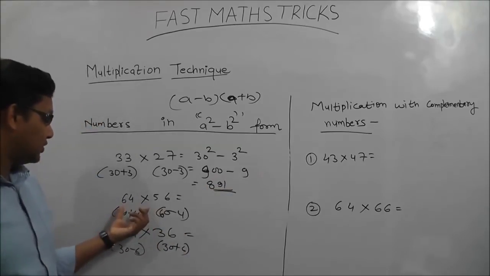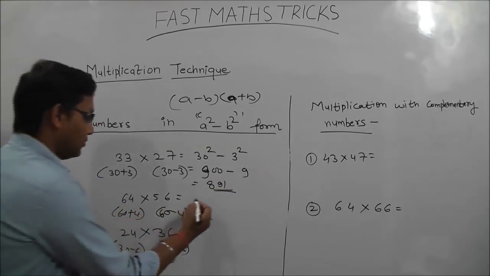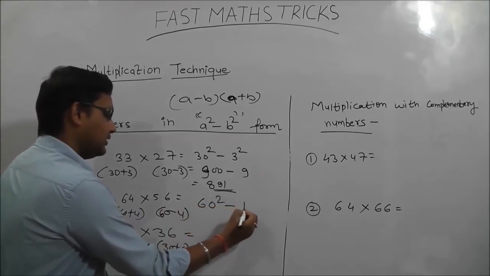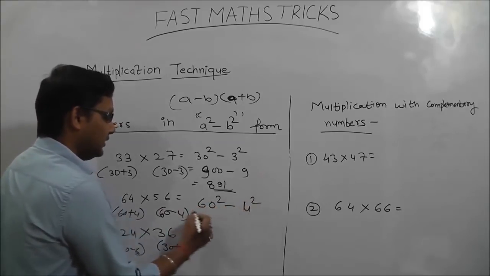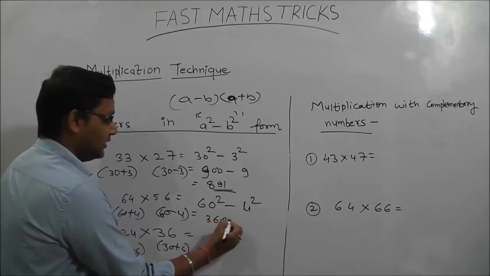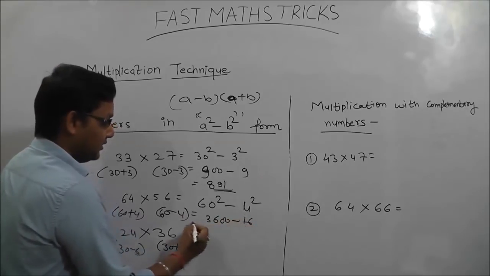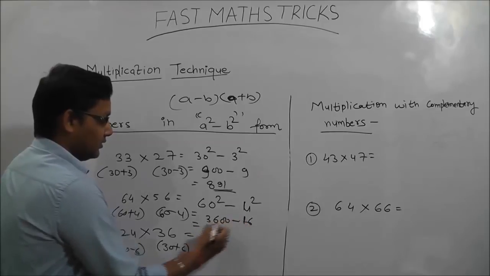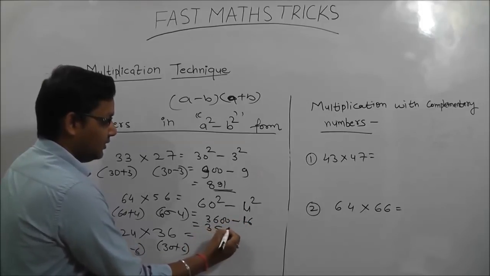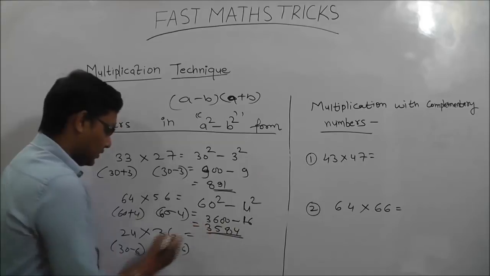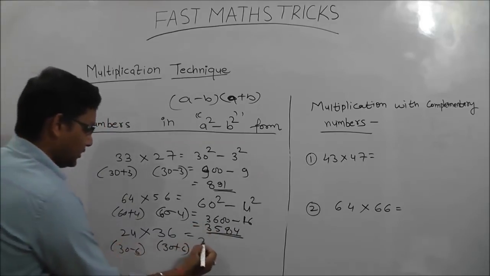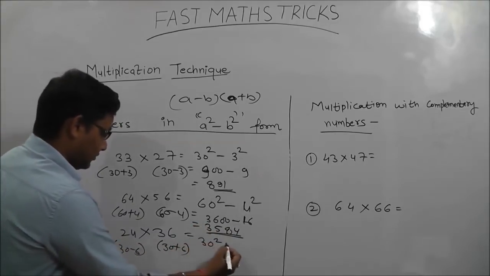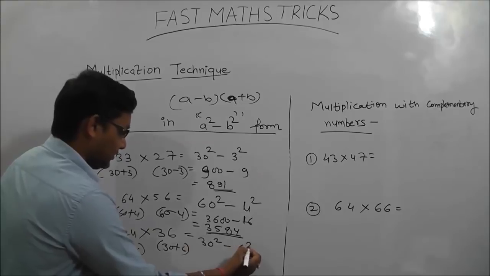Let us see the second question. This is in the form 60 square minus 4 square, that is 3600 minus 16. So the answer will come as 3584. So the last question is 30 square minus 6 square.